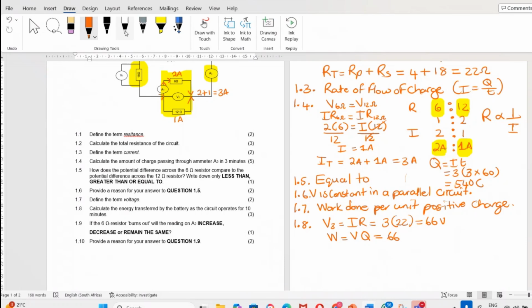10 minutes, how much energy was transferred by the battery in 10 minutes. So obviously, here you do have V, which is 66, but you also need to convert the Q to IT. Remember, I equals Q over T, so Q equals IT. So multiply that by IT. Then once you have that, you can substitute your 66 volts.